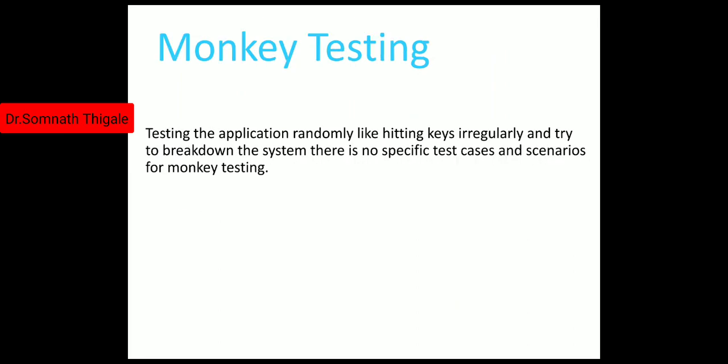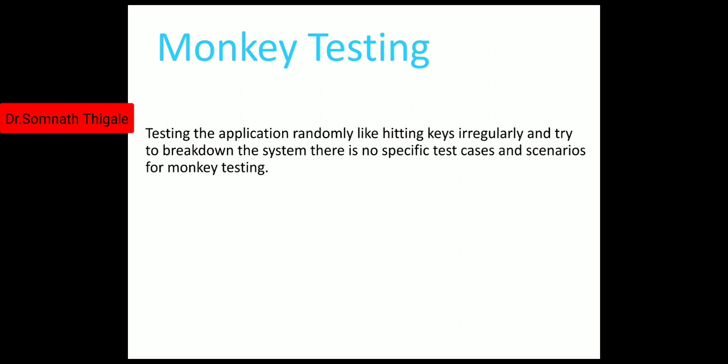Monkey testing. Testing the application randomly, like hitting keys irregularly, like a monkey jumping from one side to the other as he wants. Similarly, not following any sequence, not following any procedures, we call it monkey testing, wandering from one place to another. So testing the application randomly, like hitting keys irregularly, and trying to break down the system.